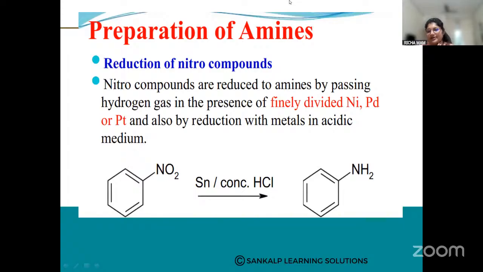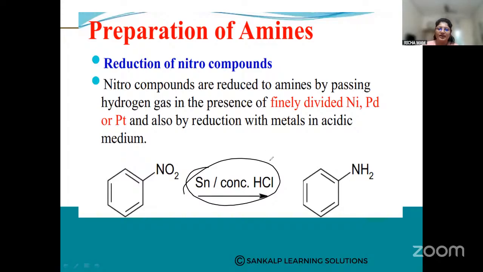So first was by reduction of nitro compounds. By using a reducing agent, we can convert the nitro compounds into amines. Which reducing agent can we use? We can use tin and concentrated HCl.